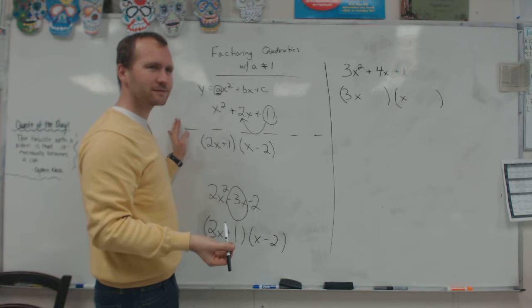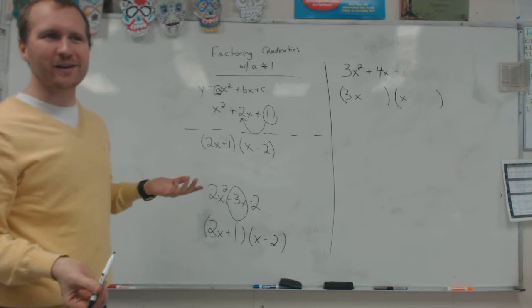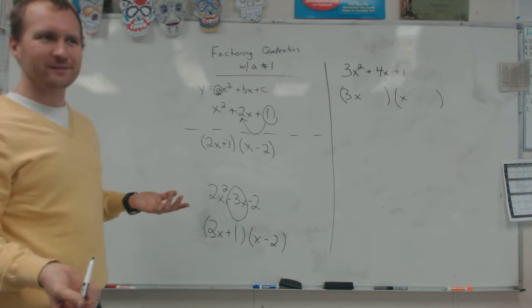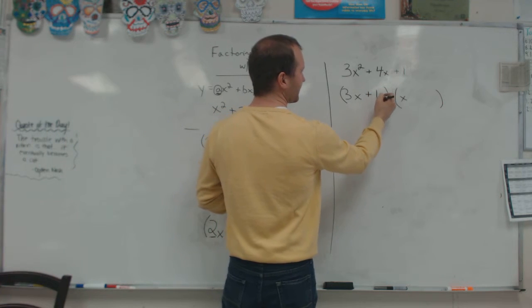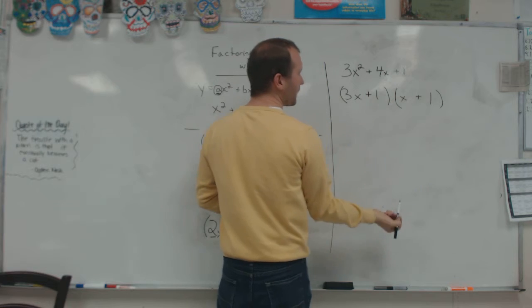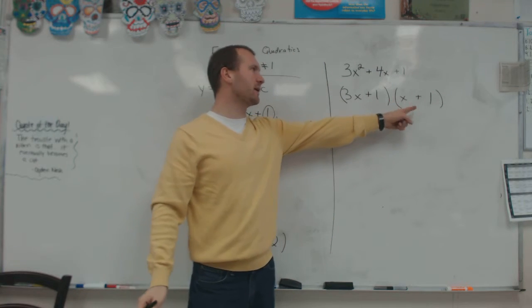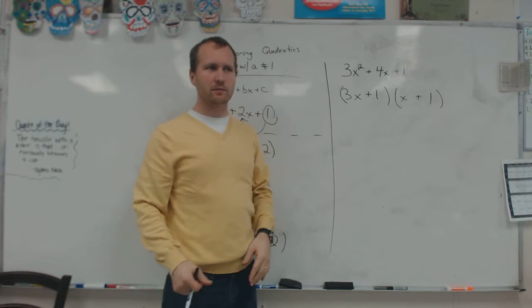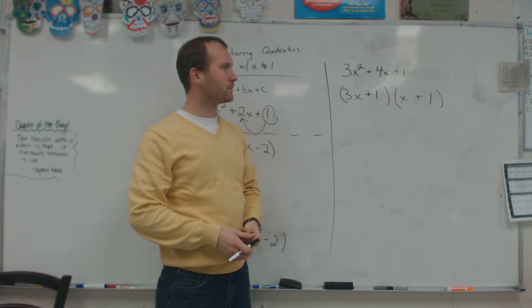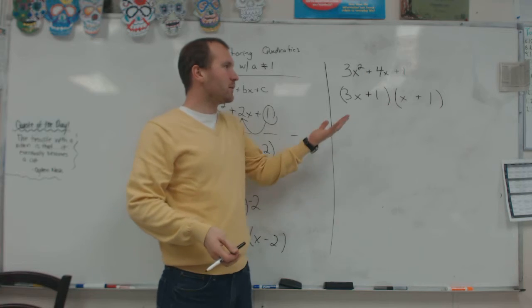So now how are we going to figure out the other two? Well, in this case, there's only one way to make 1, right? 1 and 1. So 3x plus 1, 3x plus 1. We do have to consider, could it be minus 1 and minus 1? But if this term is positive, then there's no negatives involved. So then we check it.